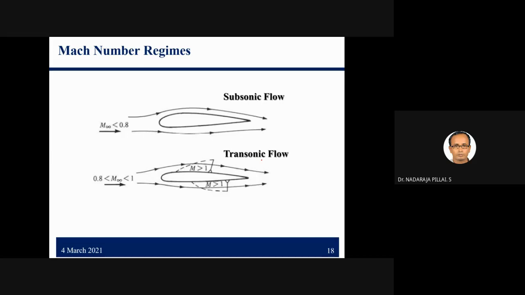So let us consider an airfoil where the free stream Mach number is less than 0.8, and you already know that M infinity is equal to V infinity by A infinity, right? And V infinity is the free stream velocity of the fluid, and A infinity is the speed of sound.